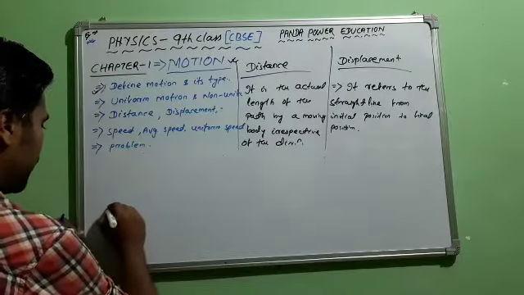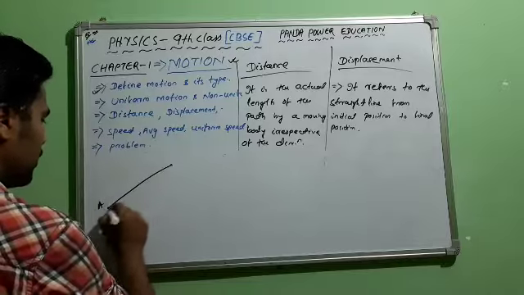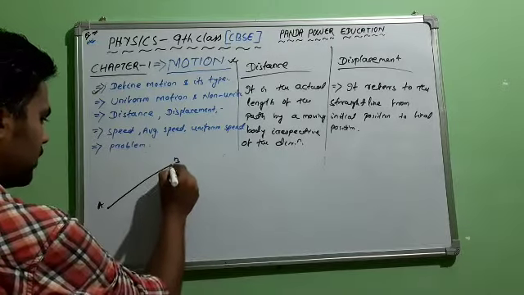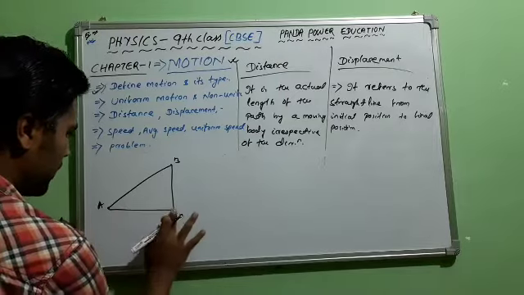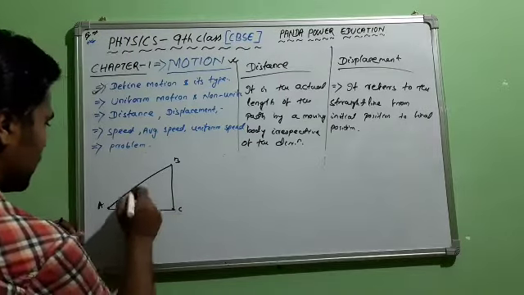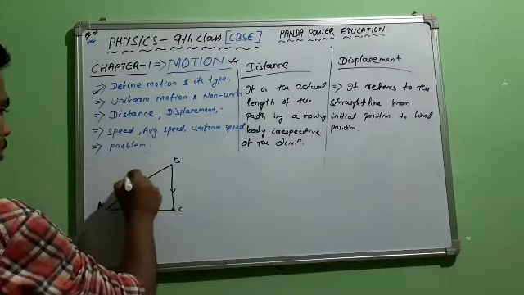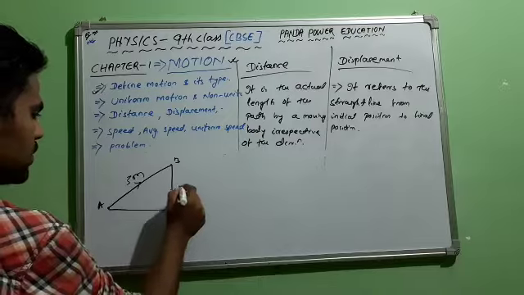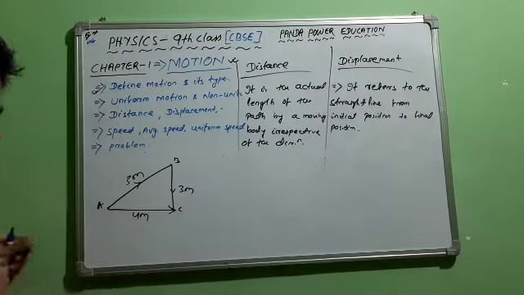Here a body is moving, A, here B point, here C point. The body is moving A to B, then B to C. Here A to B is 5 meter, B to C is 3 meter, and A to C is 4 meter. Got it?